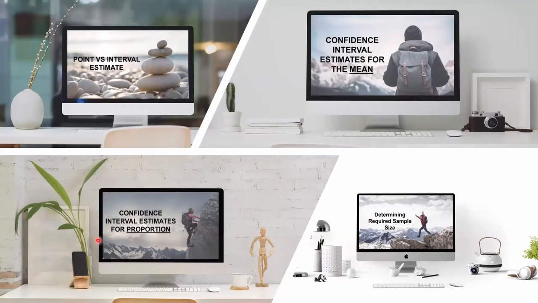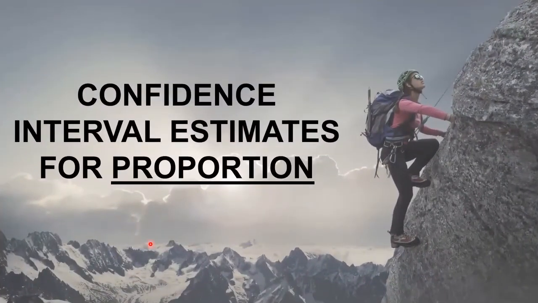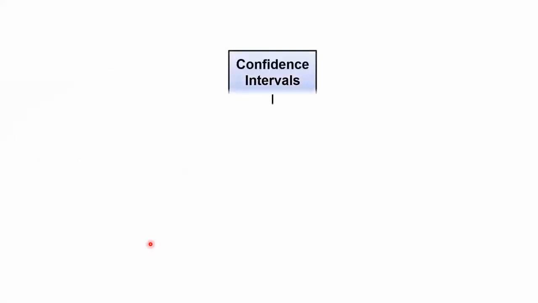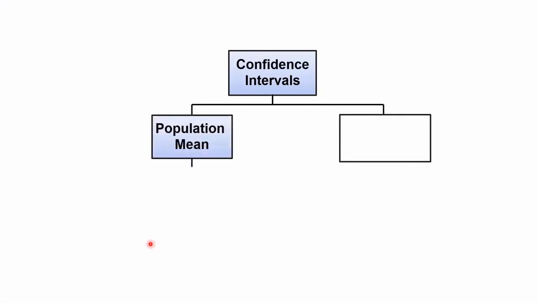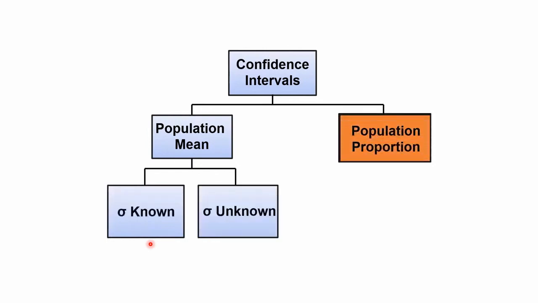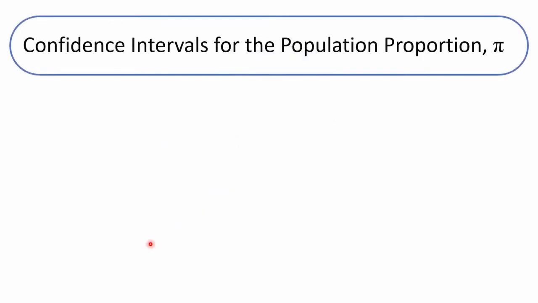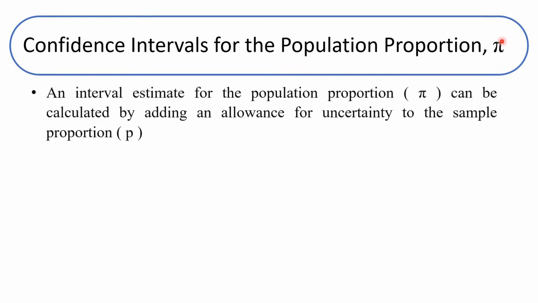Next, let's have a look at confidence interval estimates for proportion. Now, we've been talking about confidence interval estimates for population mean, sigma known and sigma unknown. Now we are going to talk about confidence intervals for the population proportion, which is given by pi.